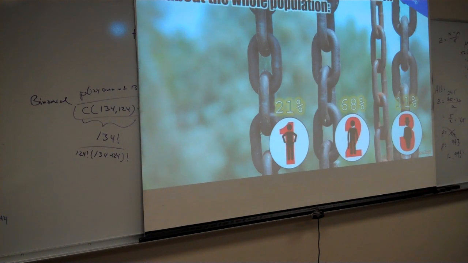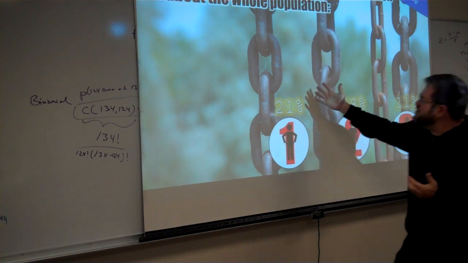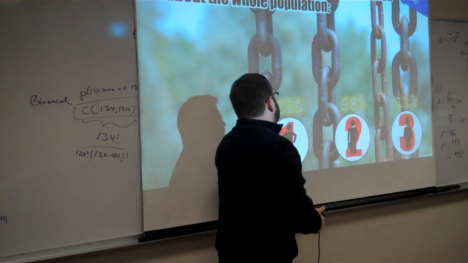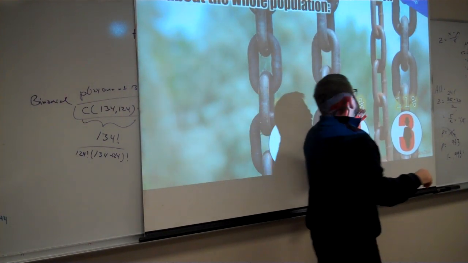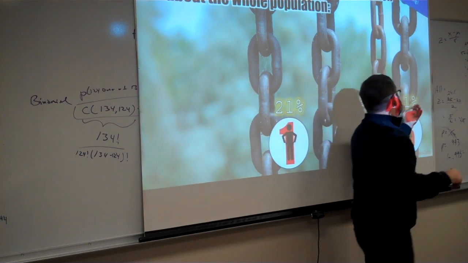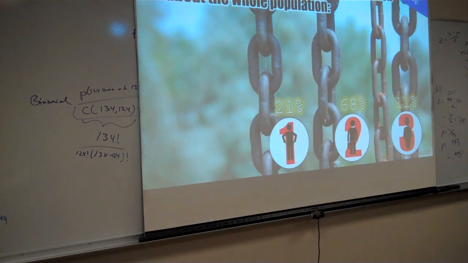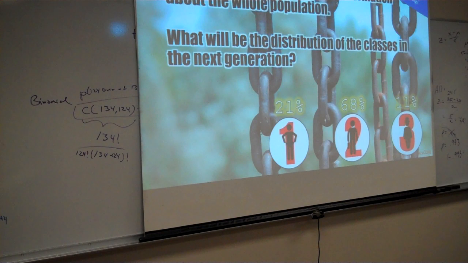Remember, if we knew that 21% of the population was in group 1, 68% was in group 2, and 11% was in group 3, we could find out what that distribution will be in the future. In the next generation, will there still be 21% of the people in group 1? Will there still be 11% of the people in group 3?